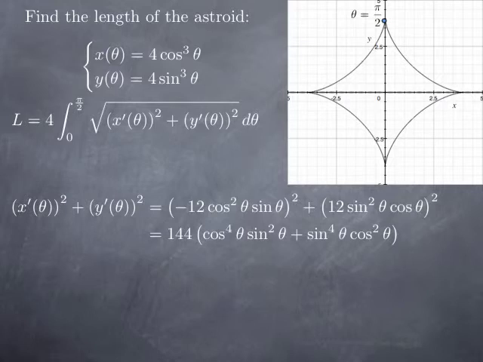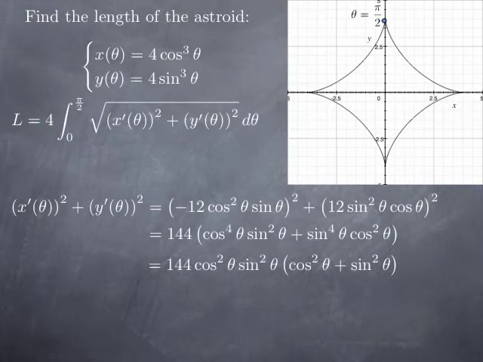So if we square what is in each one of the parentheses, we get the square of 12, which is 144, and then cosine to the fourth of theta multiplied by sine square theta for the first parenthesis, and then sine theta to the fourth times cosine square theta for the second parenthesis. And now you see that we can factor out the common factor cosine square theta sine square theta, and this is multiplied in the first term by cosine square and the second term by sine square.